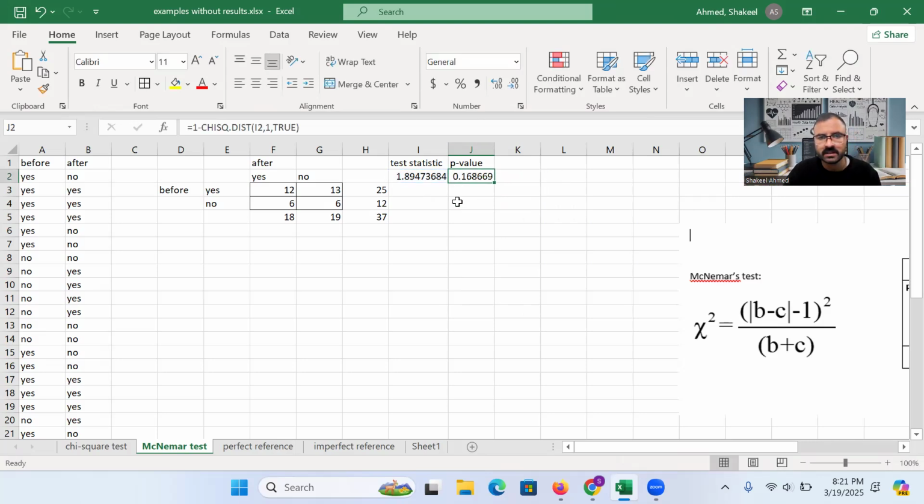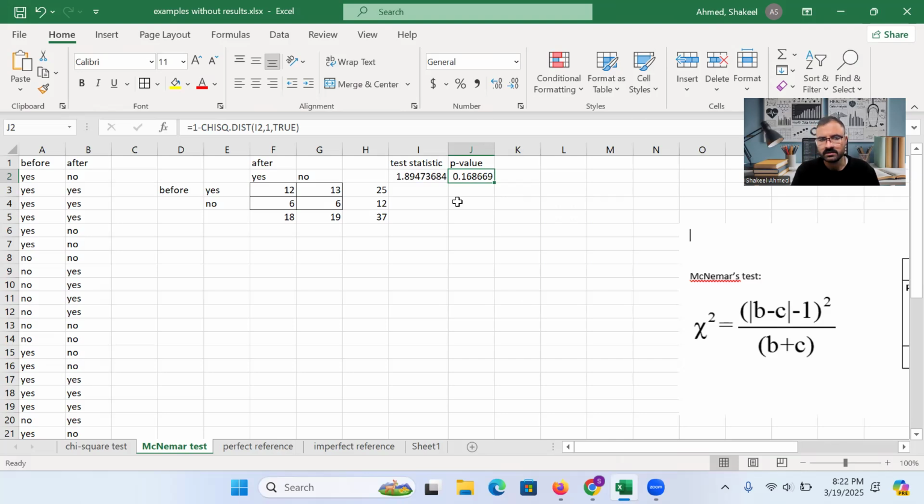So the p-value is 0.168. So there is no significant association between the responses before and after the intervention. There is no association between the responses.